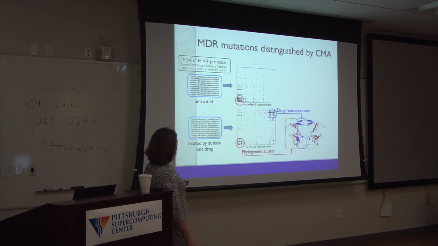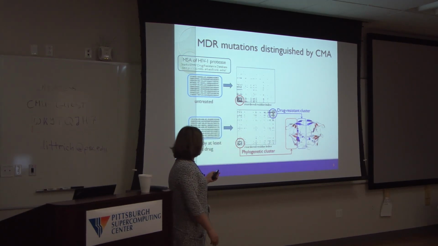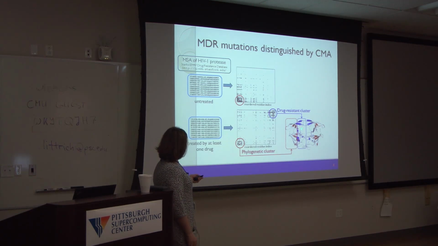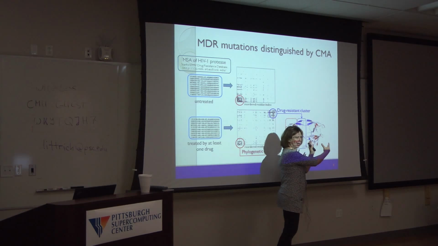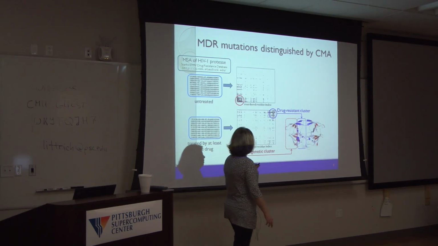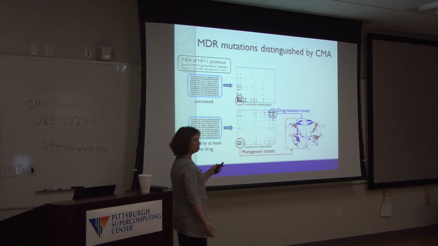And then we wanted to see where they are located. The phylogenetic clusters are the red ones here. You can see they are more at the exterior regions. And the drug resistance mutations, which we call them, are located at those blue regions. And as a matter of fact, this protease is a dimer. And so the major movement is the movement of the two monomers with respect to each other.